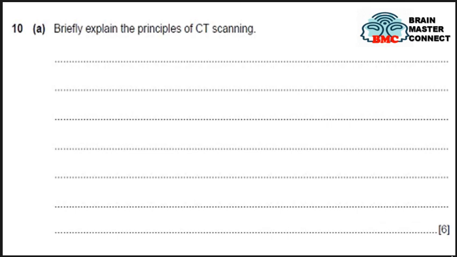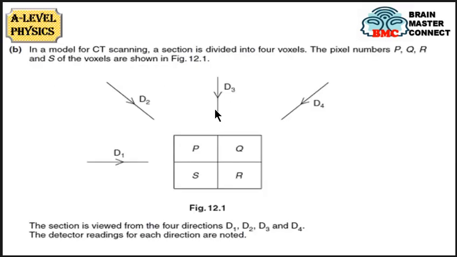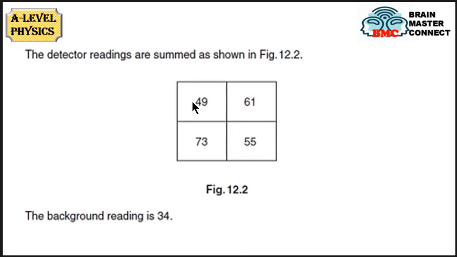And you can see the marks, 6 marks was allocated to this. So you are asked to explain that, meaning just highlight the principles of CT scanning. Then there's a second question, so you can pause the video to have a look at the question very well. The second question continues here.